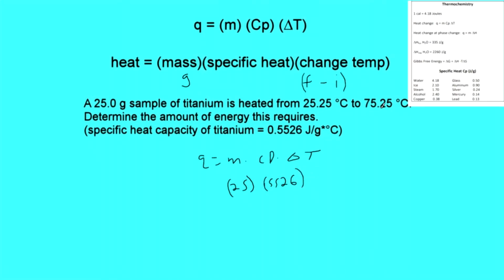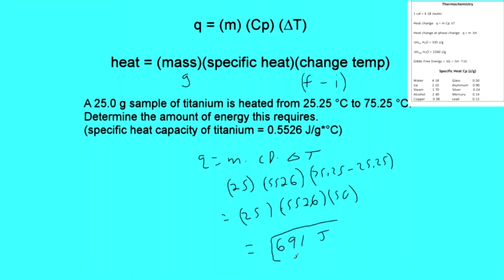And our temperature goes from 75.25 as our final, so put that first, 75.25 minus 25.25. That's going to give us 50, so it's 25 times 0.5526 times 50. We do this math, and we get, I'm going to round it, 691 joules.